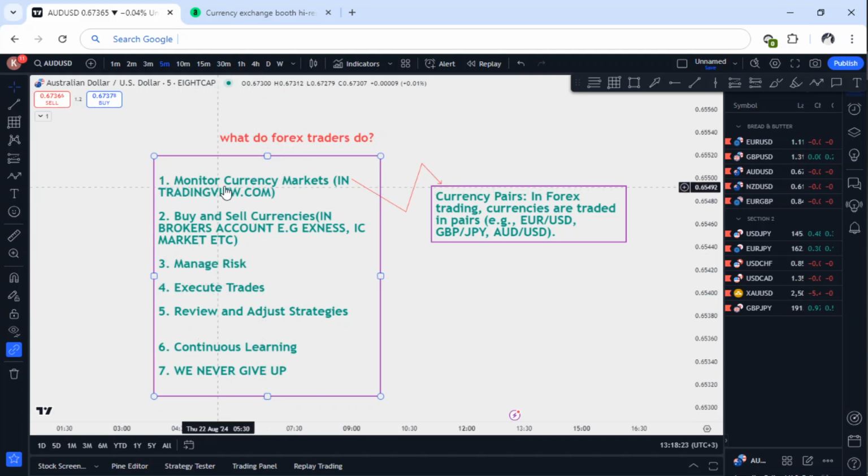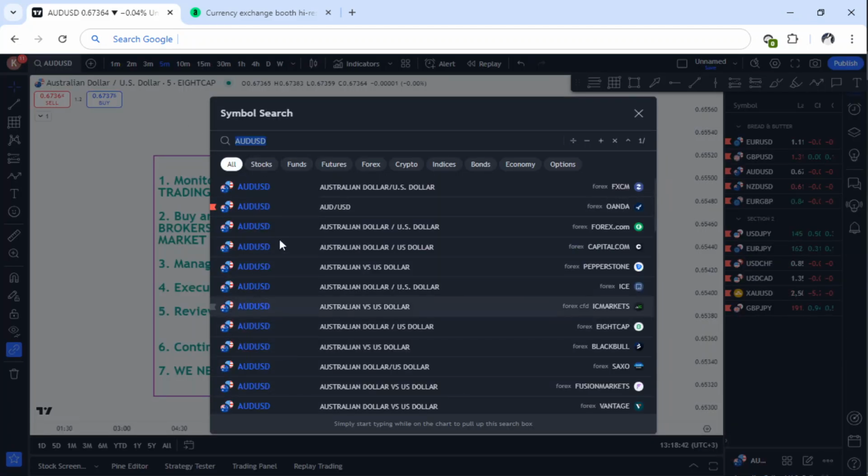Now there's something I didn't say here in monitoring currencies. In forex trading, currencies are traded in pairs, e.g. EUR/USD, Great Britain pounds versus Japanese yen, Australian dollar versus USD, as you can see here. So there are so many.